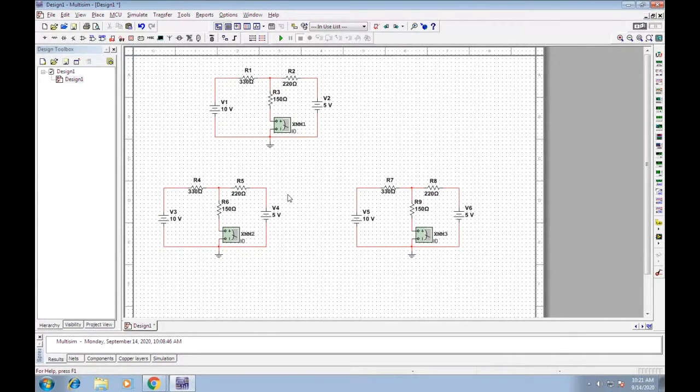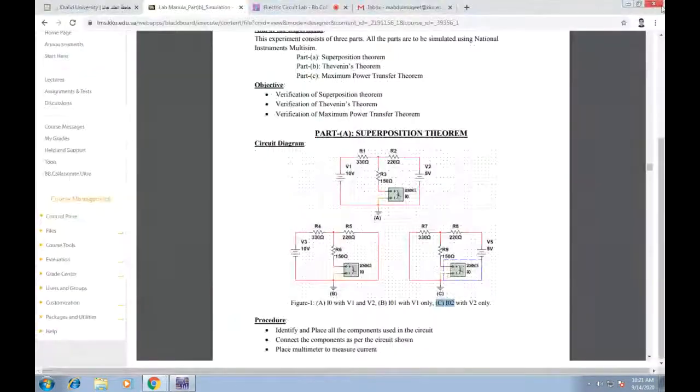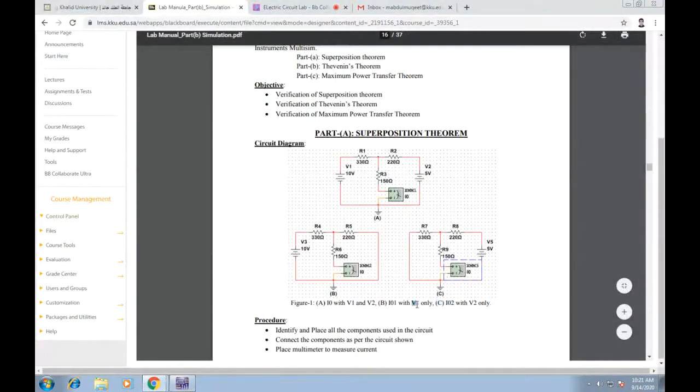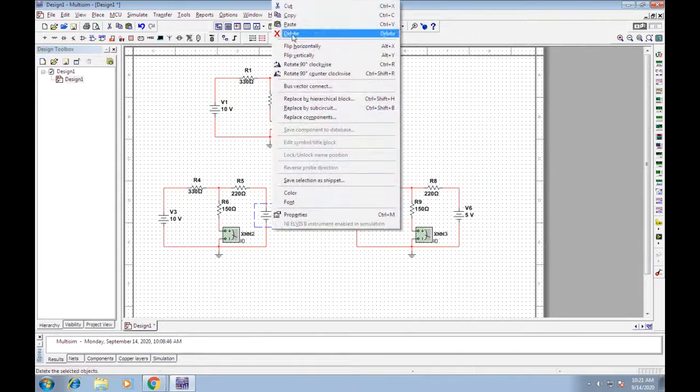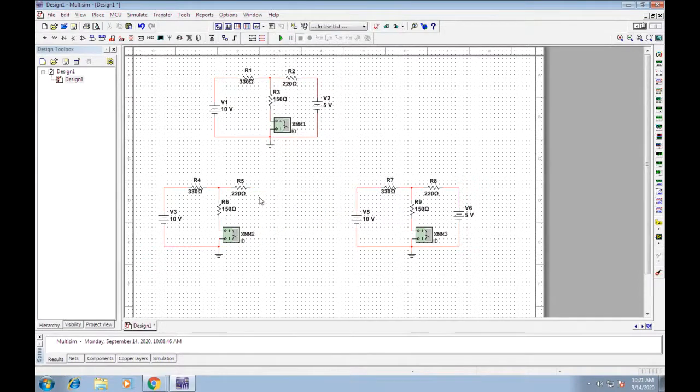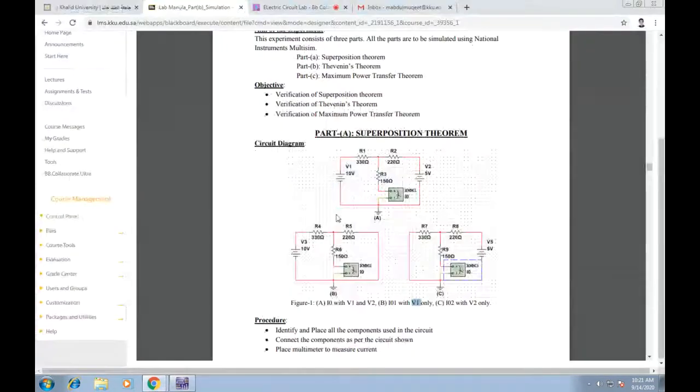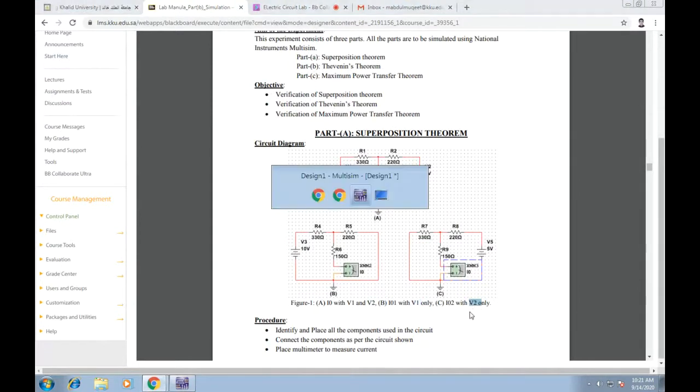For the first circuit, we know that we are supposed to consider V1 only. So we will keep V1 at 10 volts. We will delete this; simply click this and delete. And complete the connection. We have deleted it. For the next part, we are supposed to delete V1 and keep V2 only.